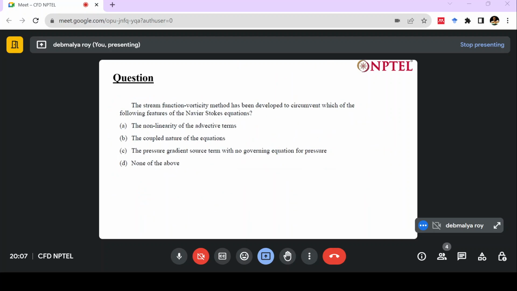So let's start. The stream function vorticity method has been developed to circumvent each of the following features of Navier-Stokes. The stream function vorticity method is the first choice that we can use to solve the Navier-Stokes equations. It is a very simple method to use.